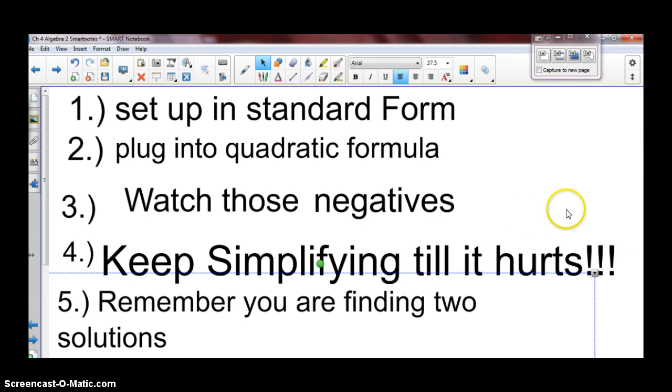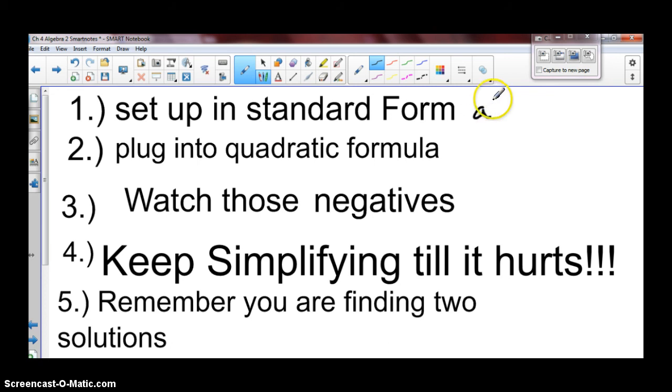So just to recap, I want to make sure that you guys have some kind of idea of what we're looking for. Number one, set up in standard form. In other words, we need that in ax squared plus bx plus c format. Ax squared plus bx plus c, set that equals 0. Then you're going to plug that into the quadratic formula.